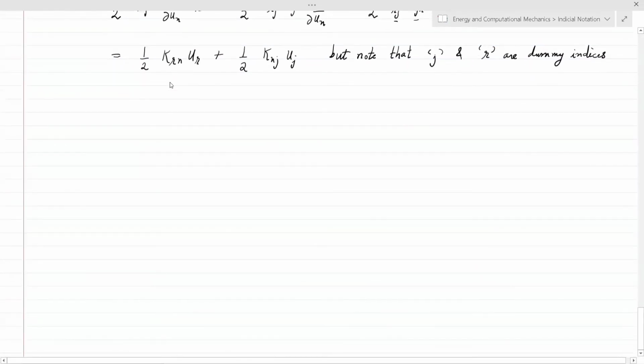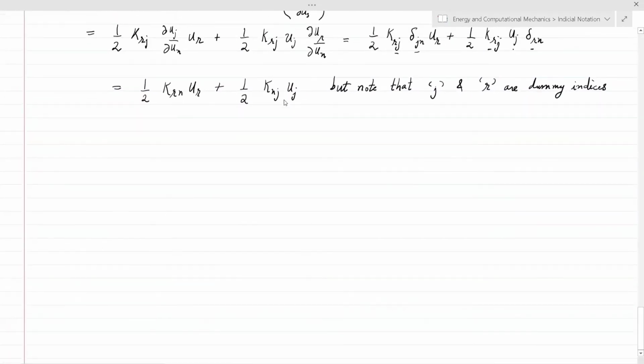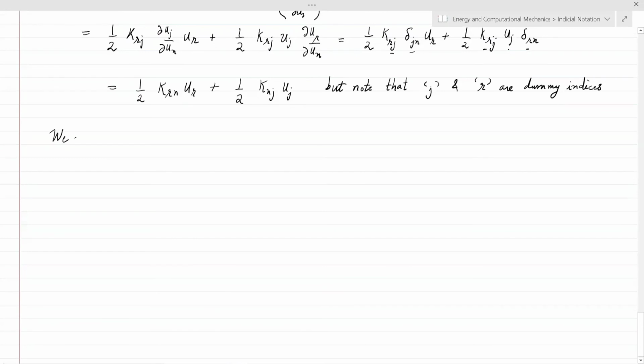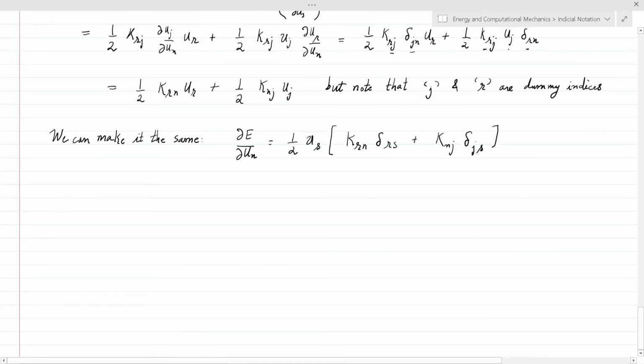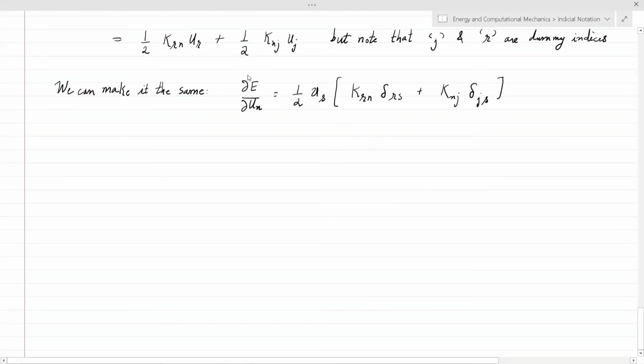So therefore I can interchange r with j if I wanted to, and then combine the terms because it's the same thing. You can also expand it one by one, but that takes too long. So why not just combine them? Combining them will give you the same answer, just adding them up. Just make these r or j, and then just add them up, and then this 1/2 cancels.